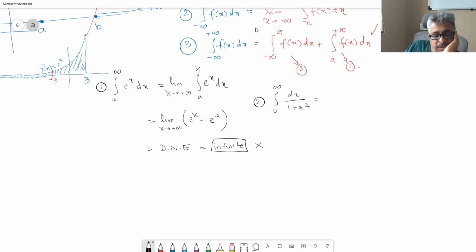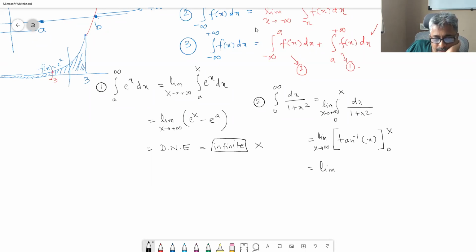Second question, again integral 0 to x, limit x tends to plus infinity, dx upon 1 plus x square. As far as the antiderivative is concerned, it is tan inverse of x to be evaluated from 0 to x. And before that, the limit has to be taken as x tends to infinity.